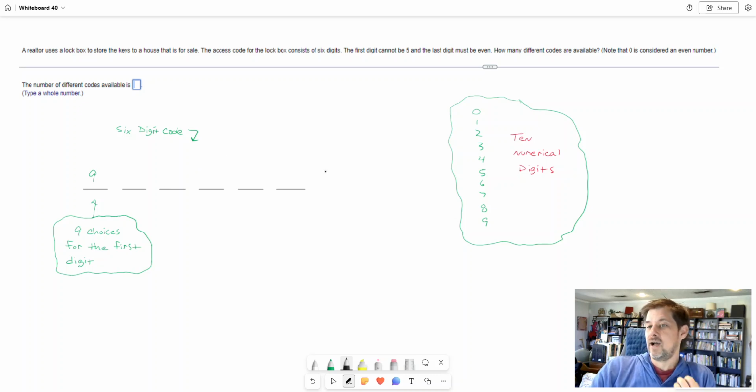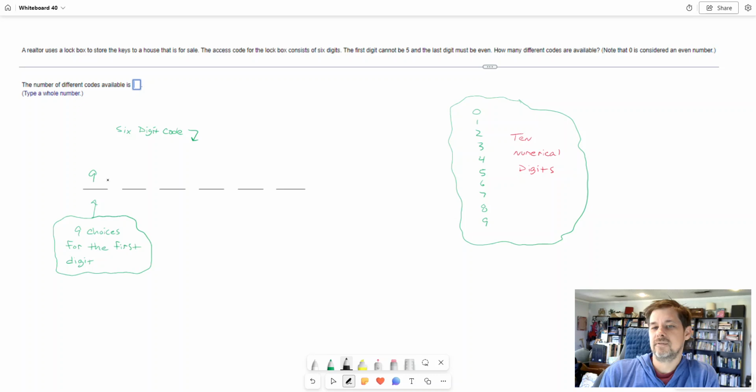So to figure out how many total ways I could choose what that passcode is going to be would be just a matter of multiplying how many ways can you choose every individual digit? Okay, that's the way the counting principle works. It's the same idea as that example I gave where we go adopt a dog and a cat. How many ways can you adopt a dog, times how many ways can you adopt a cat?